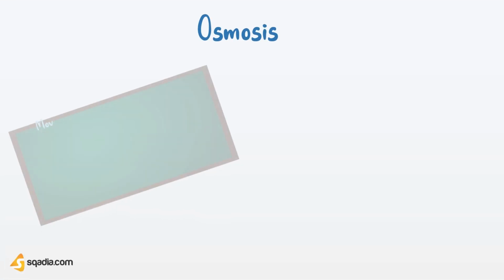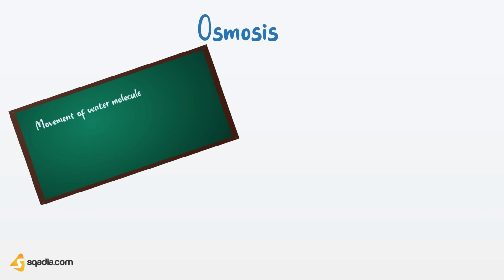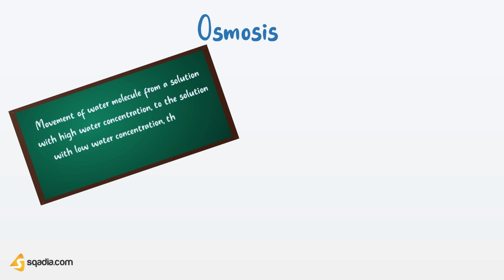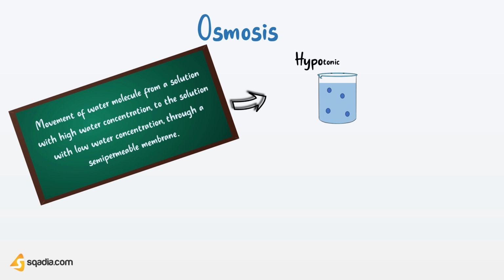Now, coming back to osmosis. Let's start with its definition. Osmosis is defined as a movement of a water molecule from a solution with high water concentration to a solution with low water concentration through a semipermeable membrane. So, what we get from this definition is that there must be some solution of high water concentration.